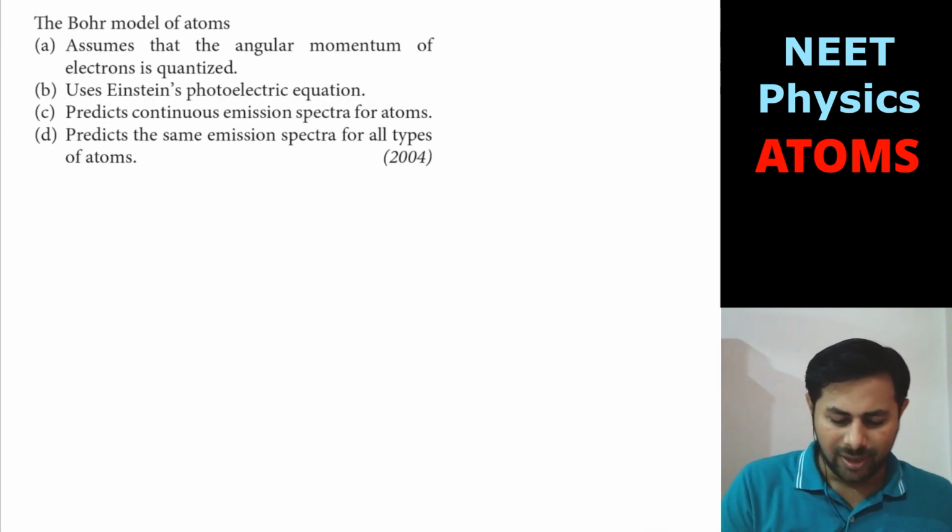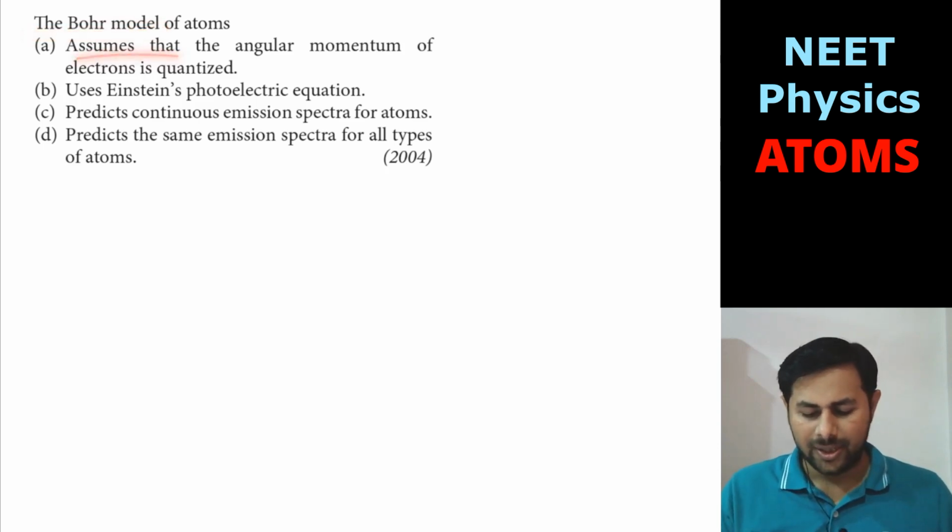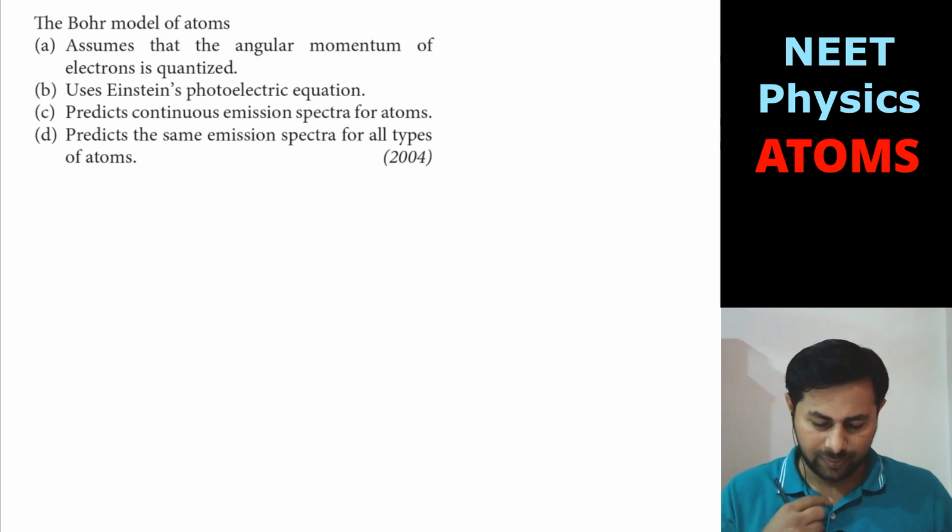Let's see the next one. The Bohr model of atoms: option A assumes that the angular momentum of electron is quantized. Option B uses Einstein's photoelectric equation. Option C predicts continuous emission of spectra for atoms. And option D predicts the same emission spectra for all types of atoms.